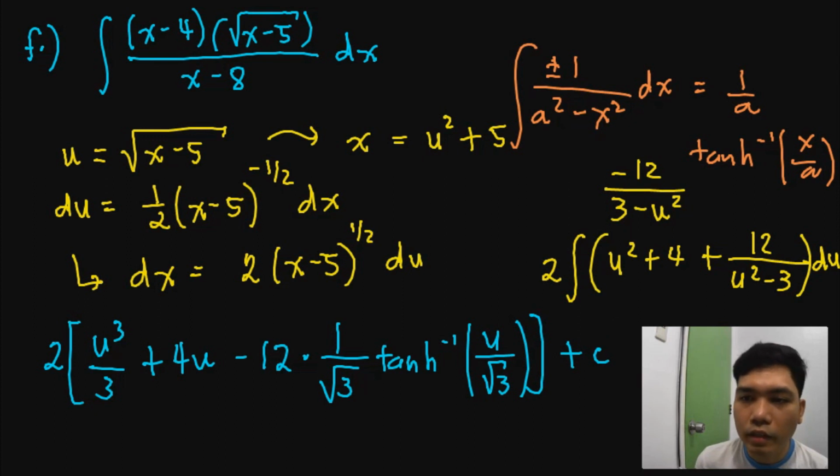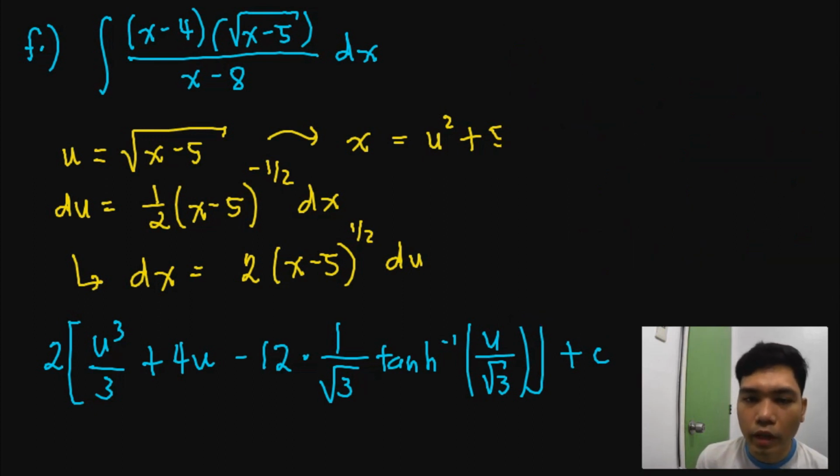So finally this is our expression in terms of course of u, and we need to transfer it back to the original variable, which is x. So it's fairly easy, you just have to incorporate the square root of x minus 5.